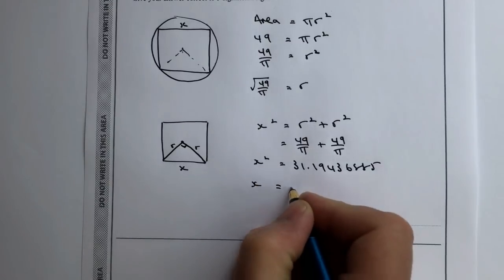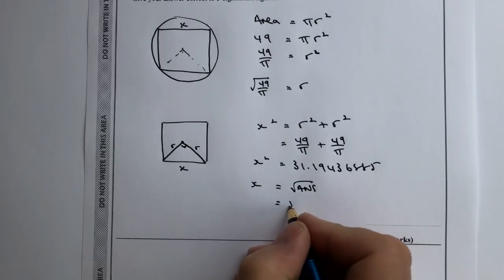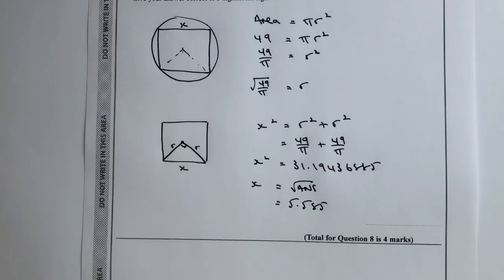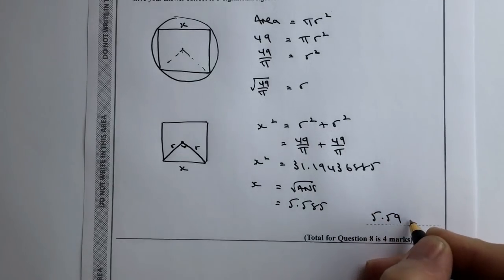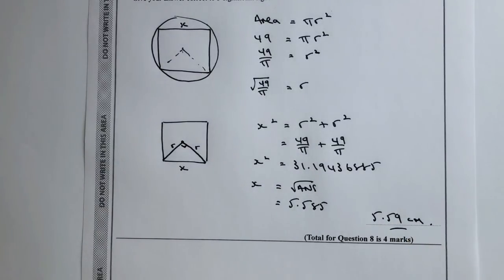So x is equal to the square root of that, and if you pop that into your calculator you end up with 5.585. It asks us to give the answer correct to 3 significant figures, so I'm going to write that as 5.59 centimeters to 3 significant figures. I hope that's all right for you.